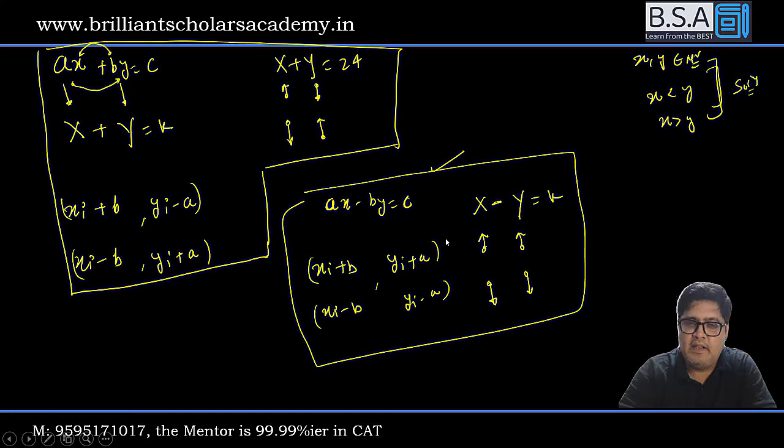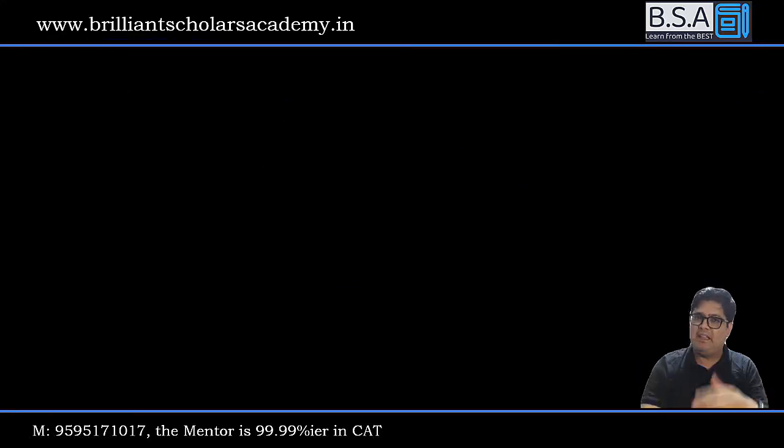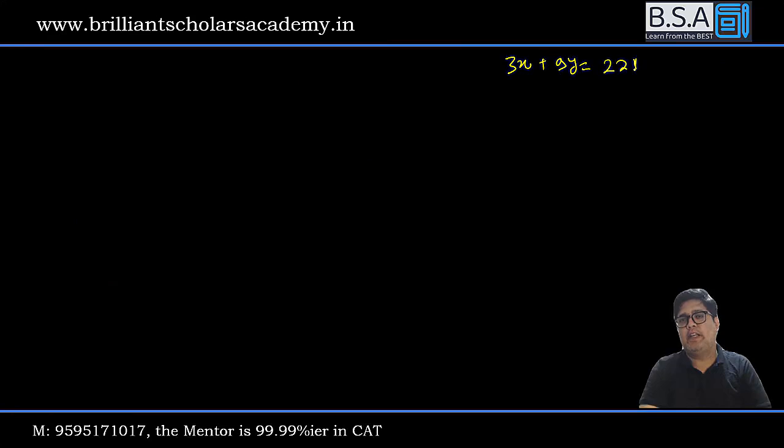Now, will there always be an integer pair? Observe, there's a mathematical notation for this, but I'll give you a general explanation. If you come across an equation like, let us say 3x plus 9y is equal to 221, and somebody says find integer pairs or natural pairs. So you notice 3, you notice 9.